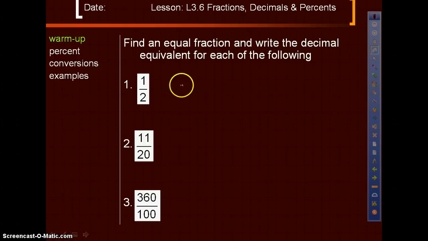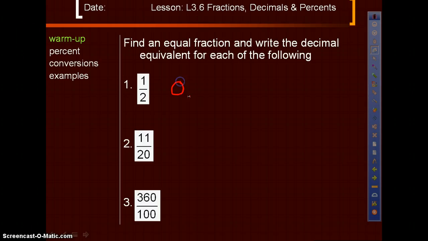If we want to write the equivalent decimal here, we would divide 1 divided by 2, and we would see 0.5. In this case, we could divide 11 divided by 20, and we would see 0.55.